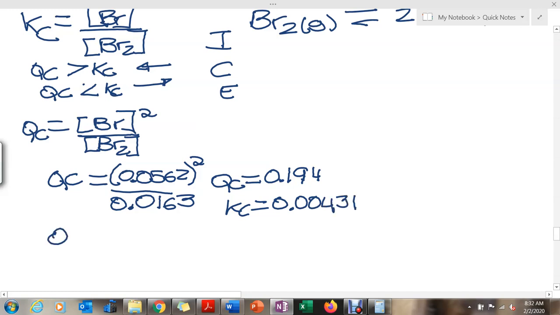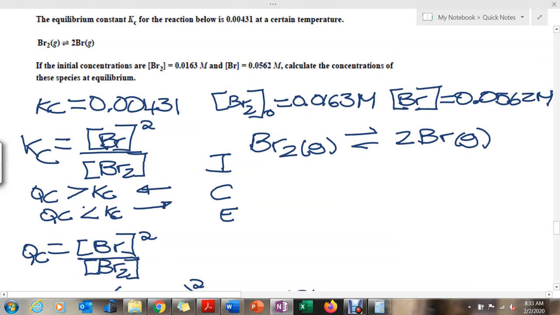That Qc is greater than Kc, meaning that you have too much of the product Br compared to the equilibrium.